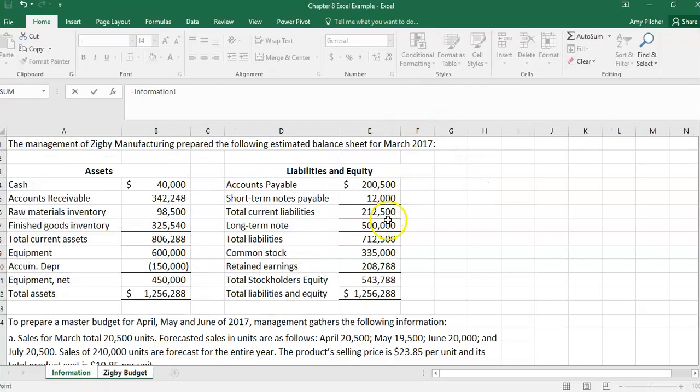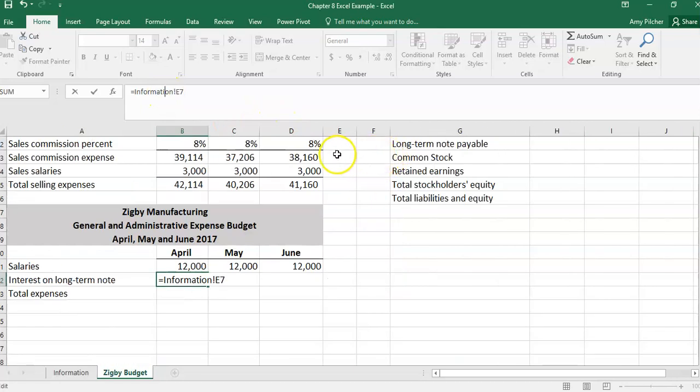So we take this information, 500,000, and since it's the same for every month, we'll want to lock this cell. So remember that we want that cell to stay constant. So we want to lock it by putting these dollar signs in there.